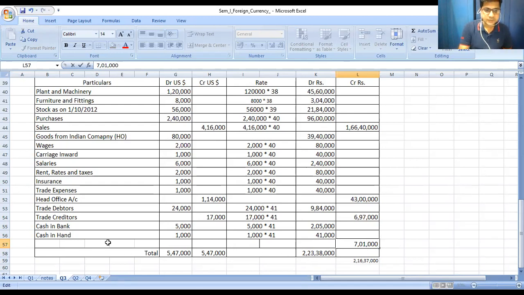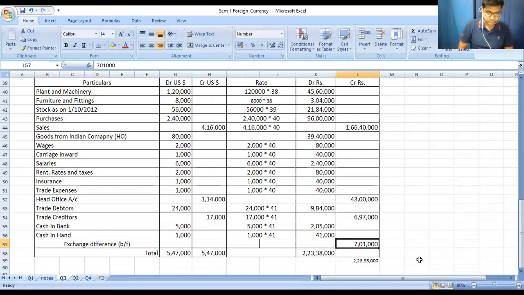This particular amount, 7 lakh 1,000, is called an exchange difference, a balancing figure.